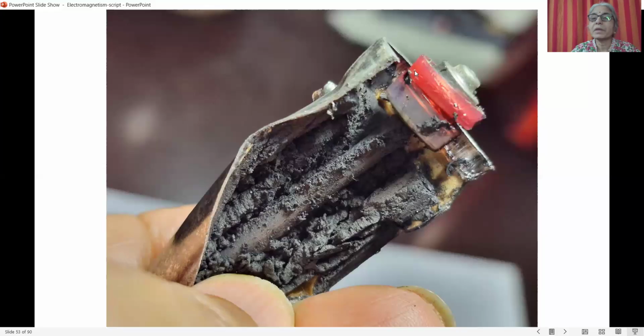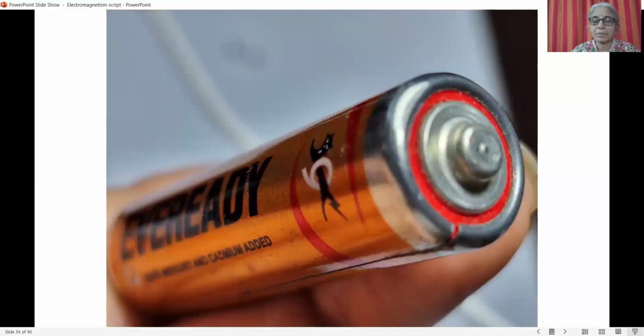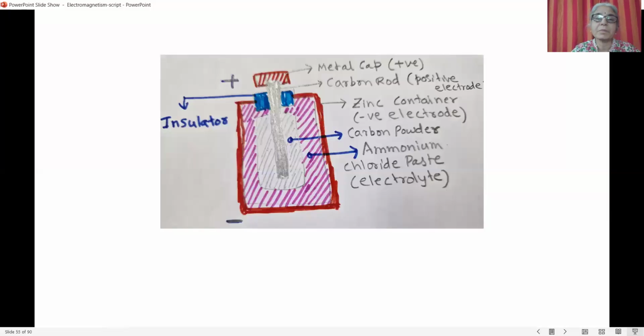These two are separated by the plastic cup in between, which prevents direct contact. Here you can see the red plastic cup, which is keeping the positive terminal and the negative terminal, which is the outside container, separated.